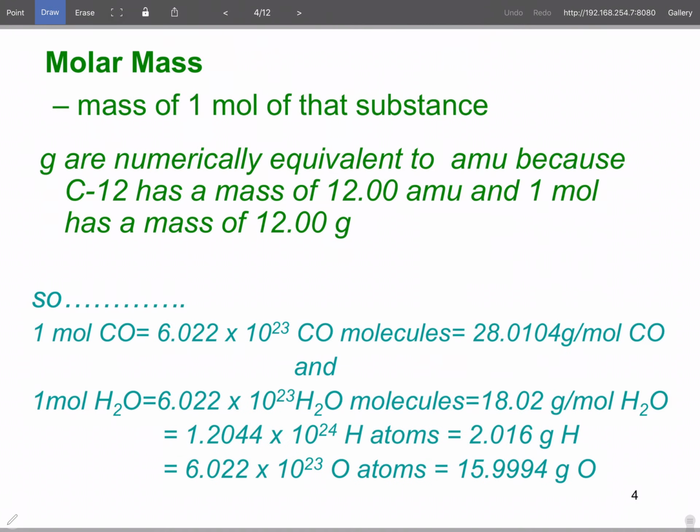If we look at the molar mass, it is still the mass of 1 mole of that substance. And again, we're still using the carbon 12. However, if we look down here at carbon monoxide, then 1 mole of carbon monoxide contains 6.02 times 10 to the 23rd carbon monoxide molecules, which has this mass here.